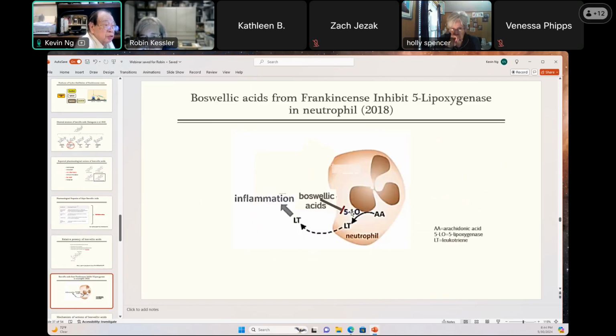How does the boswellic acid act in the body? If you ingest the boswellic acids, they get into the white blood cells. The word leukotriene comes from the word leukocyte, meaning the white blood cells. The boswellic acid gets into the white cells and blocks this enzyme in the production of leukotriene. That's how we get the relief.